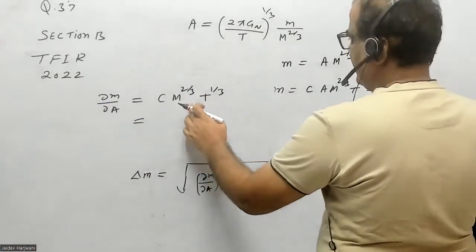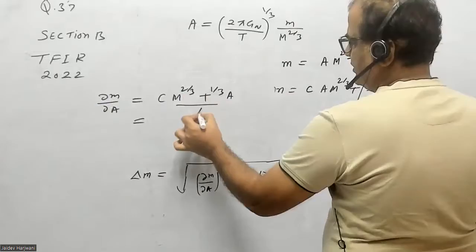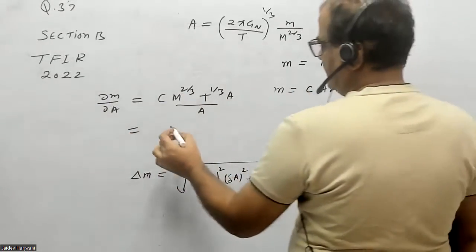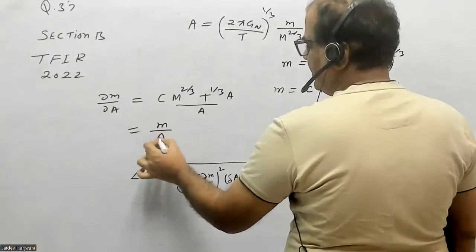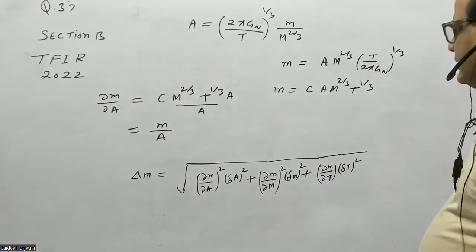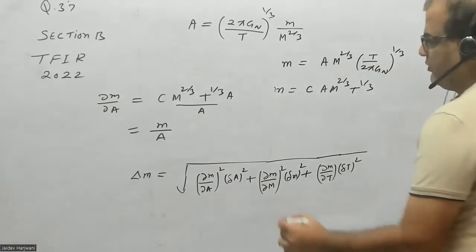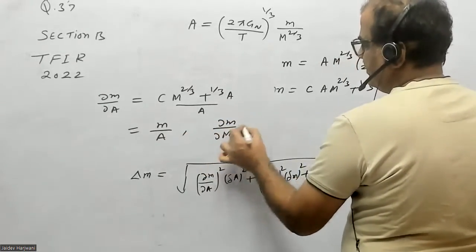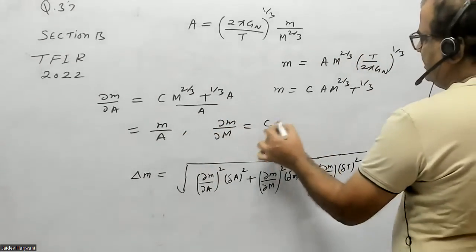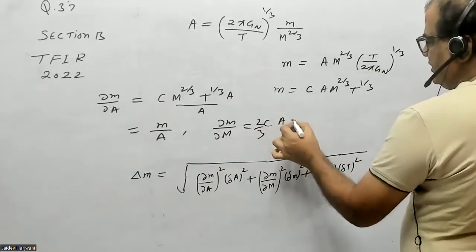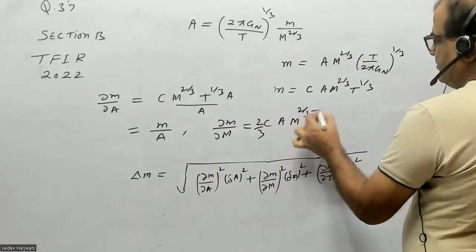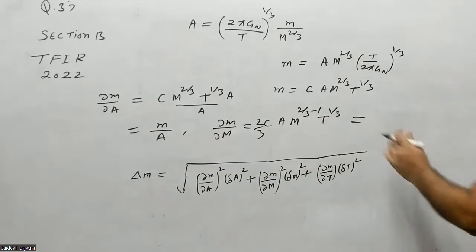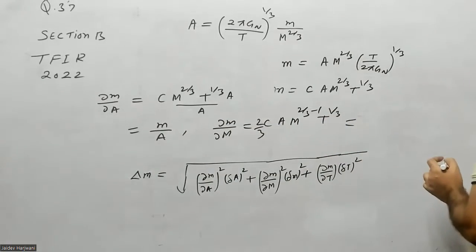If I multiply and divide by A, this becomes m by A, since this is your m. Similarly, if I calculate delta m upon delta capital M, this will give me C A (2/3) M^(2/3 minus 1) T^(1/3), and T is independent of M, so it will be like this only.